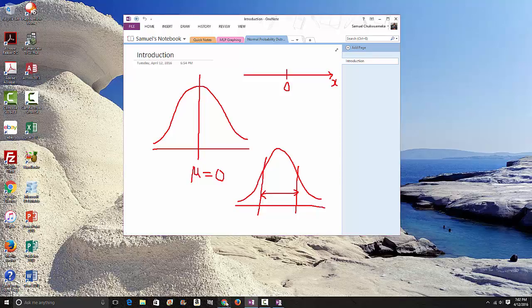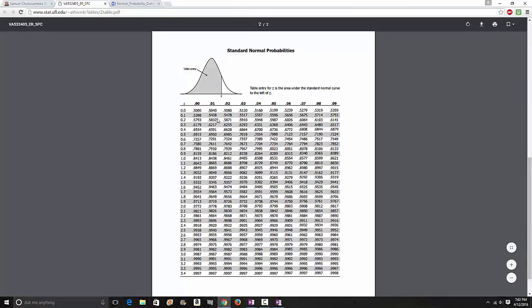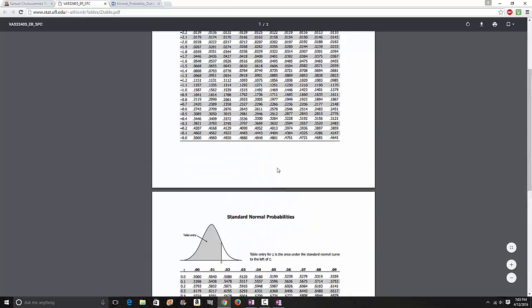So when we begin to use this table, everything you see here, these are the z-scores here in the first column. But every other thing you see here in these columns are what we call the area under the curve, or the probability, or the relative frequency.